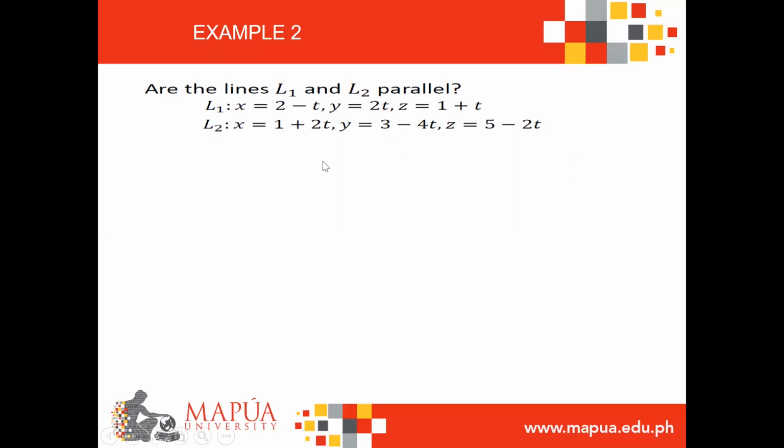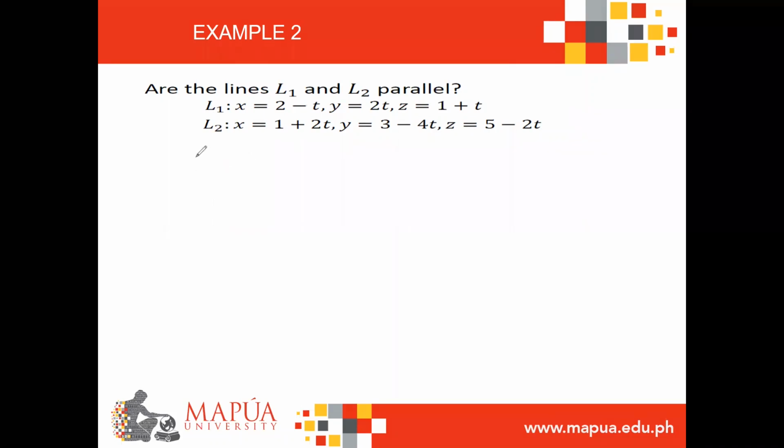Let us work on this example number 2. It says here, are the lines L1 and L2 parallel? So we have here the parametric equations of your two lines, L1 and L2. For us to determine if line 1 and line 2 are parallel, if you recall last time, two lines are parallel if they are scalar multiples of one another.